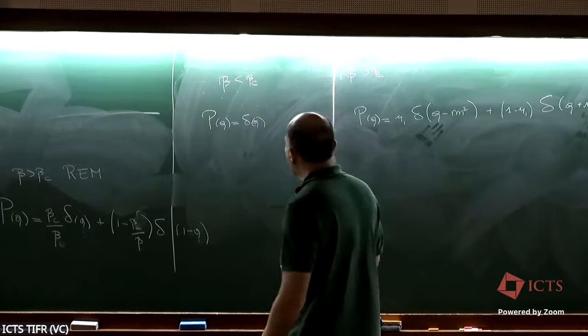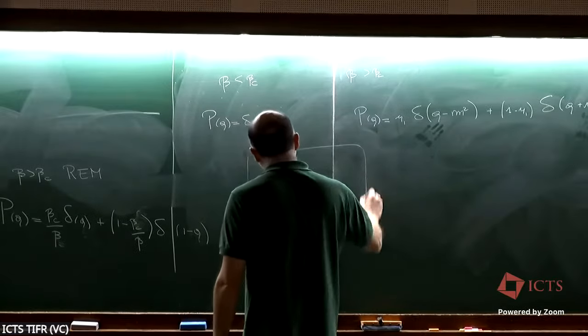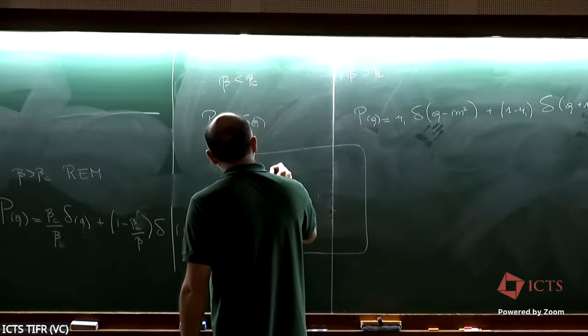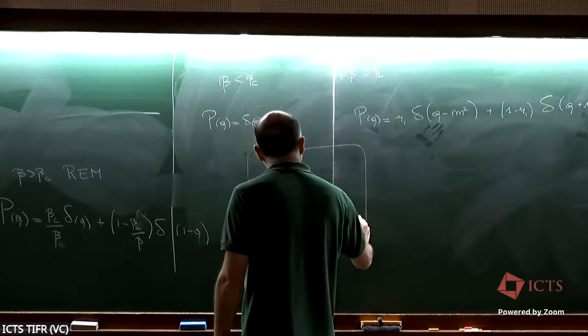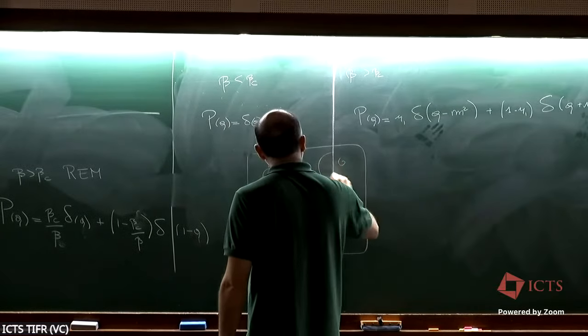What can happen that is more complicated is what is called full replica symmetry breaking, in which case your system, so imagine that this is the phase space, okay? You start to have these minima, okay?